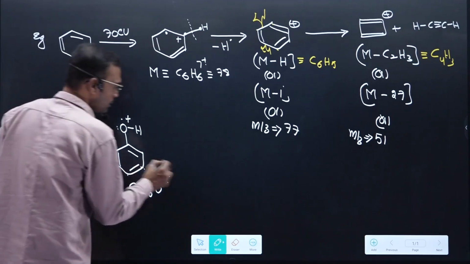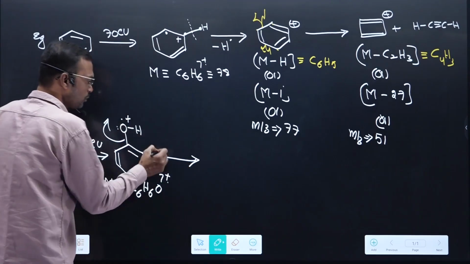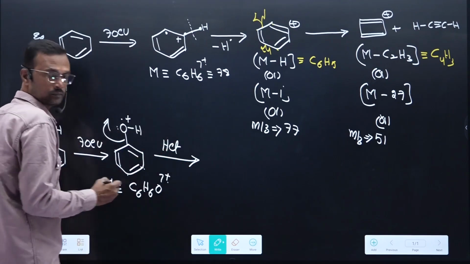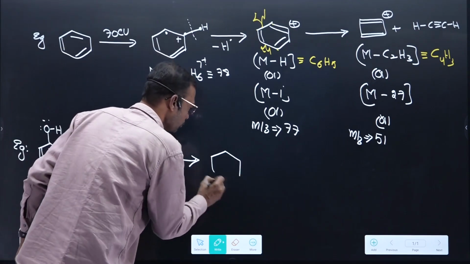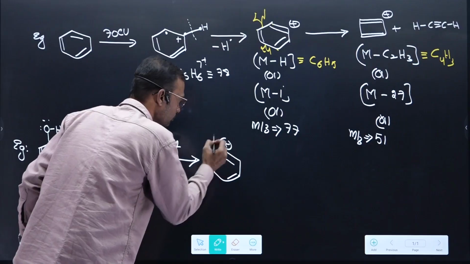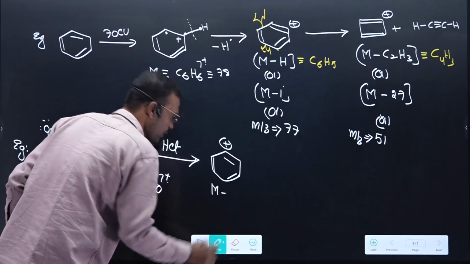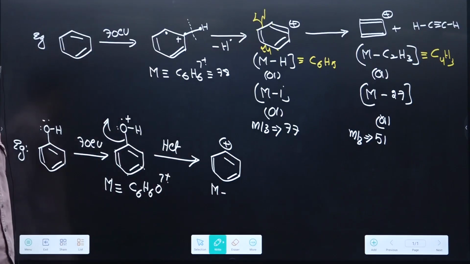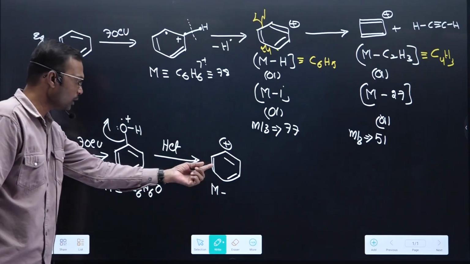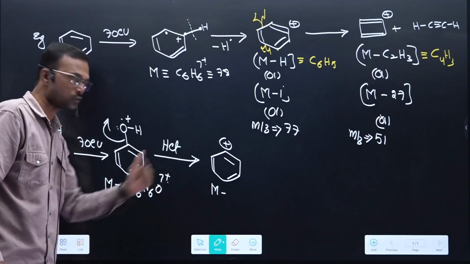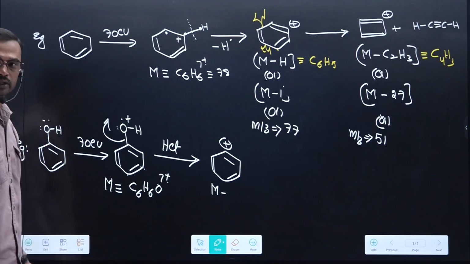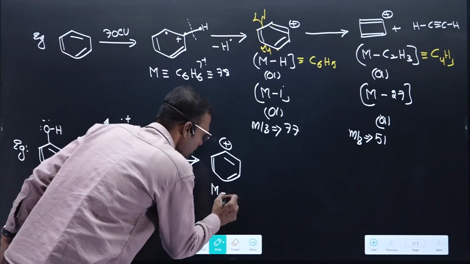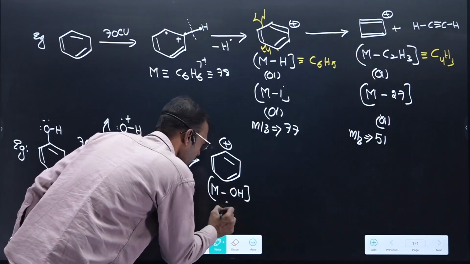In this, I am removing hydroxy. Heterolytically if I remove, I got phenyl cation. Now, M minus, what should I write? From the original molecule, which group should I remove to get this one? OH. Can I write OH here? This is OH.